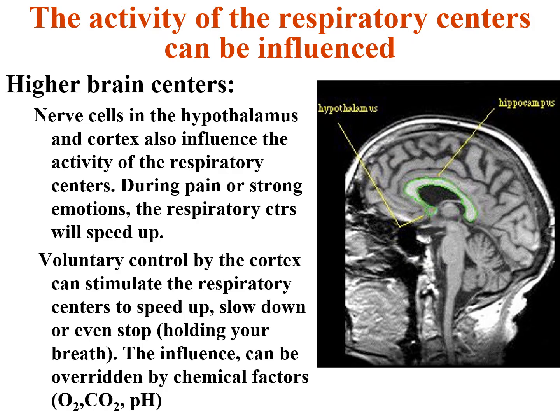So we can choose to hyperventilate, we can choose to hypoventilate, and we can choose to become totally apneic, totally hold our breath. But the influence, however, can be overridden, as we mentioned, by chemical factors, meaning the oxygen level, the carbon dioxide level, as well as the pH.